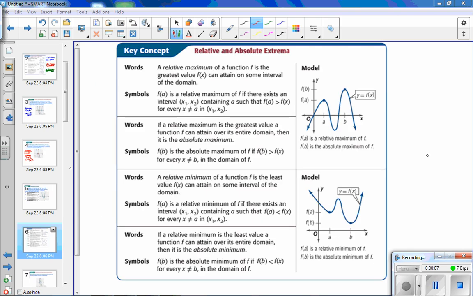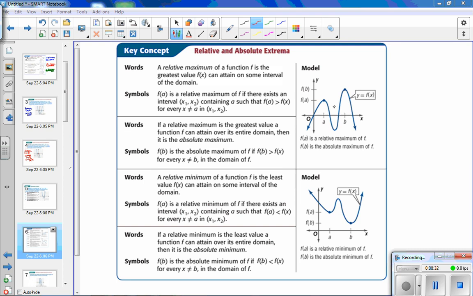The next thing I want to talk about are relative and absolute extrema. Extrema just means extreme values. So we're looking at the very highest points on a function and the lowest points on a function. Now the difference between a relative and an absolute, I'll use this as an example for maximums, and you could read over this more mathematical language on the left side.